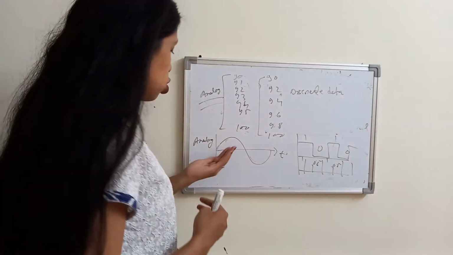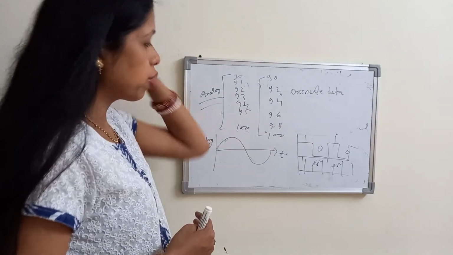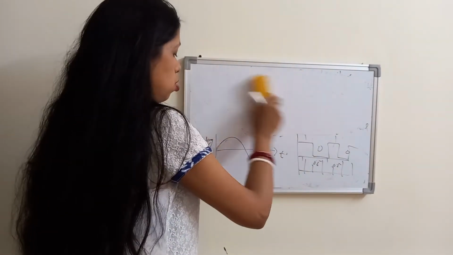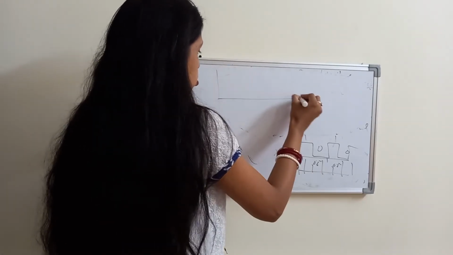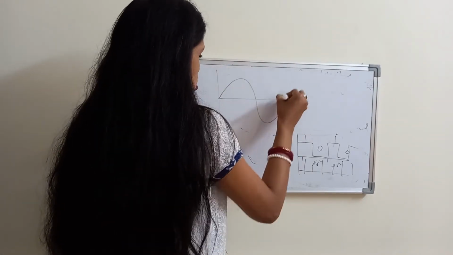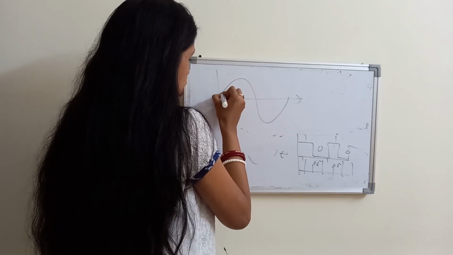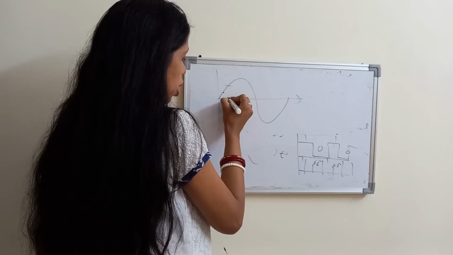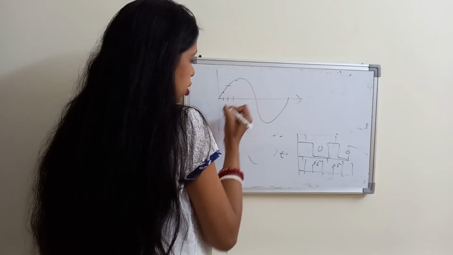So from this analog signal you can get the digital signal. You are just taking this value at this instant, then this value at this instant, and this value at this instant.